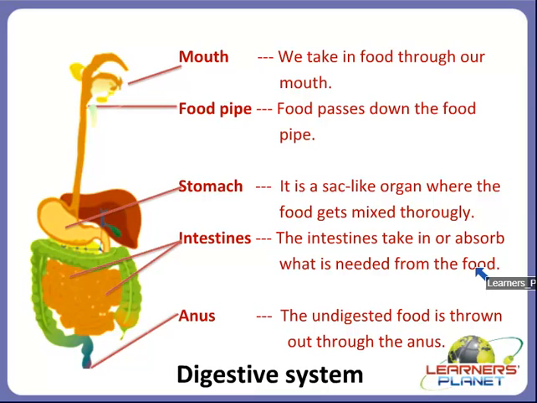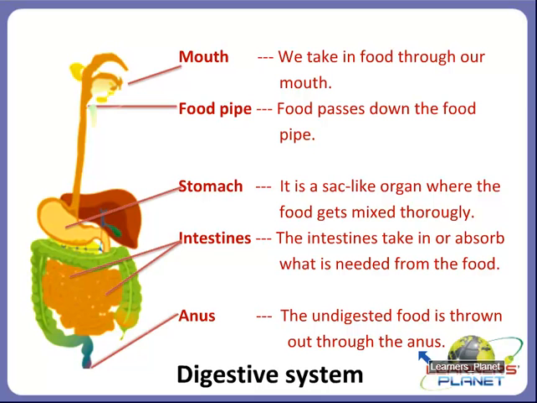But what about the food that is not digested? Where does it pass? Yes, it passes into the anus. So what is the function of anus? Yes, the undigested food is thrown out through the anus. So what does anus do?